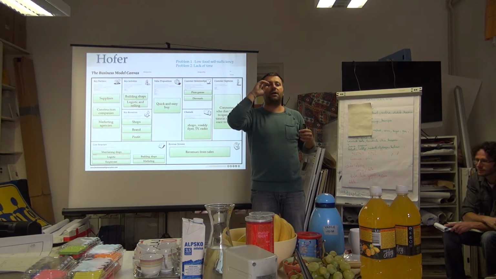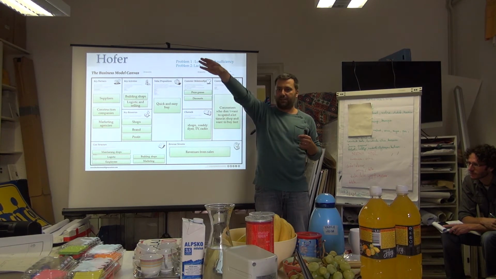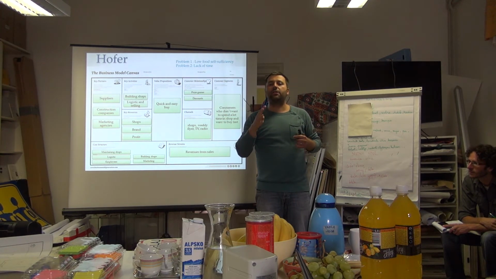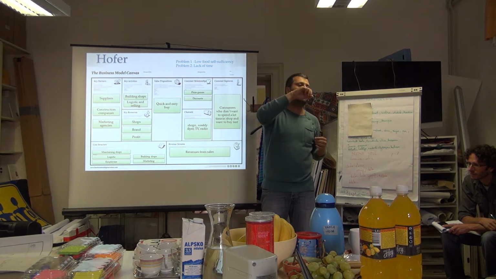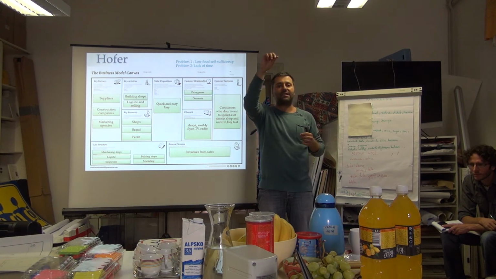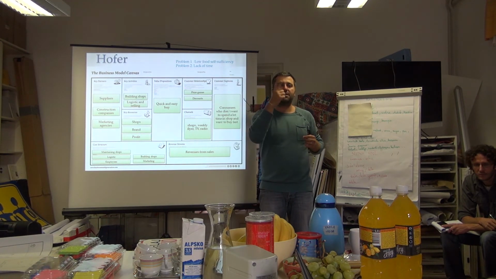In Hofer stores, you have only 850 different products. In Spar, in City Park, you have 32,000 products. And because Hofer has a very small amount of products, that means they spend less money on supply chains. This is the first part.